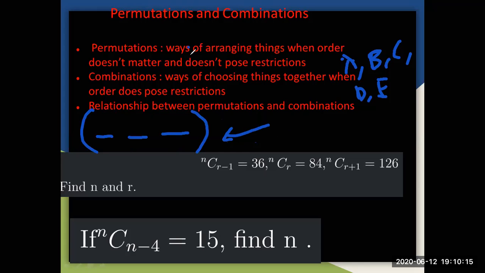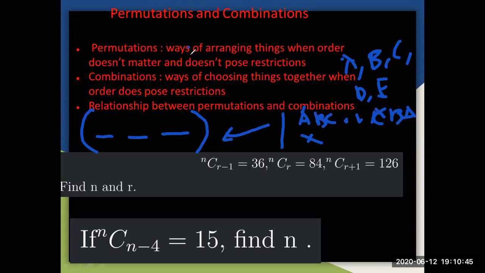There's one case where it matters whether it is A, B, C or C, B, A, and there's another case where this doesn't matter. So the first case is permutations, and the second case is combinations.